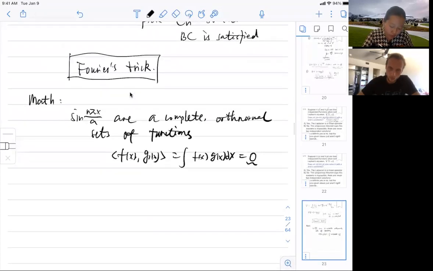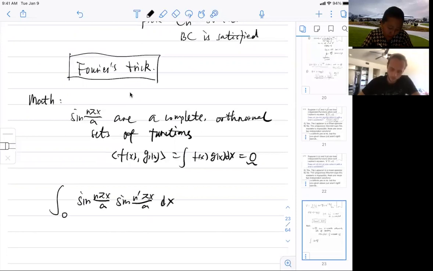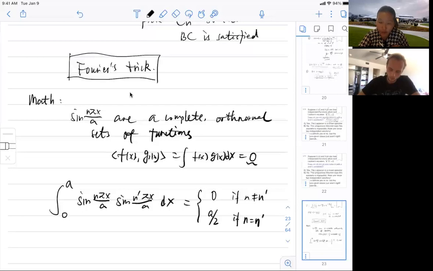So when you do an integration for this particular sine function, sine of n pi x over a times sine of n prime pi x over a, integrated from 0 to a, it is going to be 0 if n is not equal to n prime. But if n is equal to n prime, you get a value that's a over 2. You could verify this yourself after class.